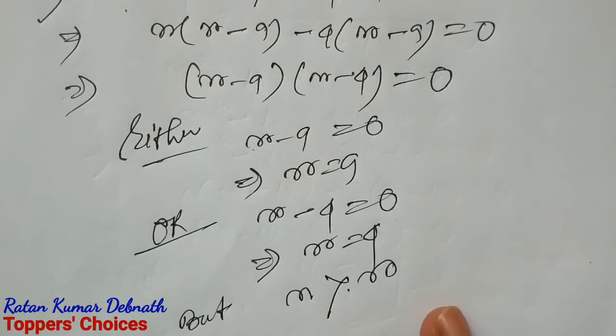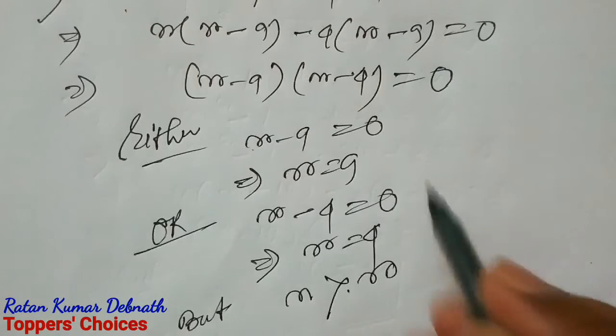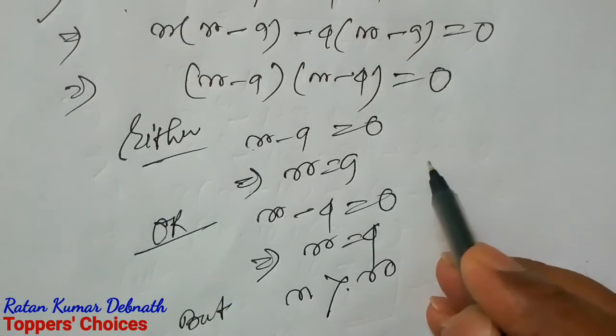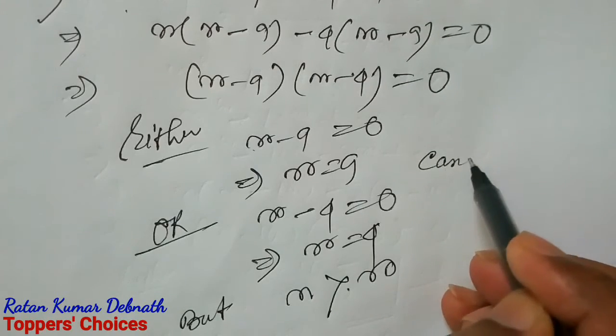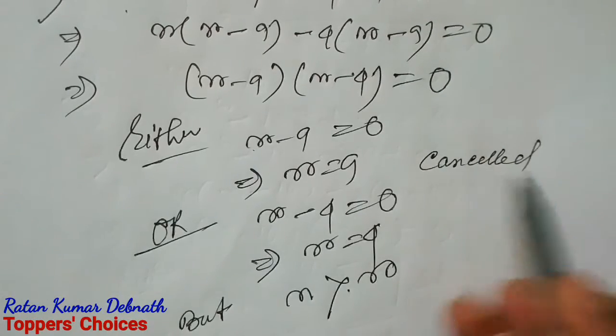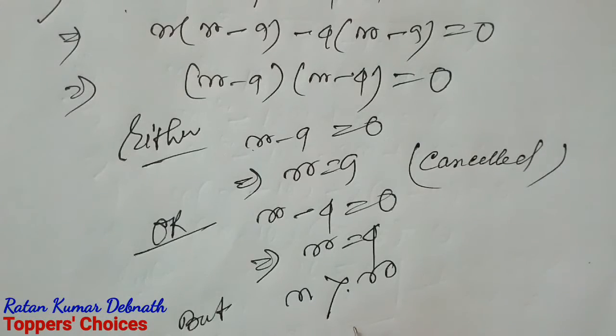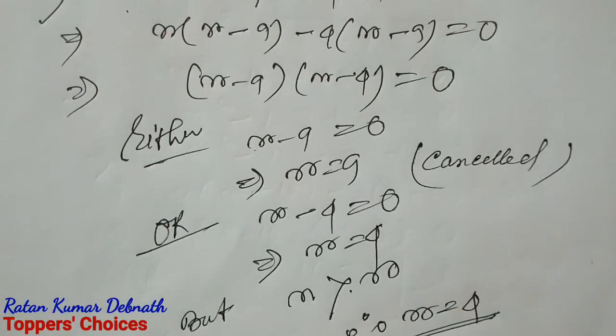But n should be greater than r, therefore r equals 9 is cancelled. And hence r equals 4 is the answer.